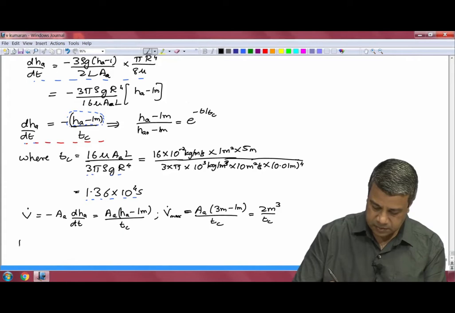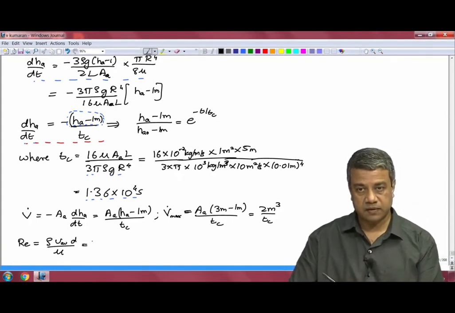Now, the Reynolds number can be written as rho V average d by mu, where d is the diameter of the pipe.